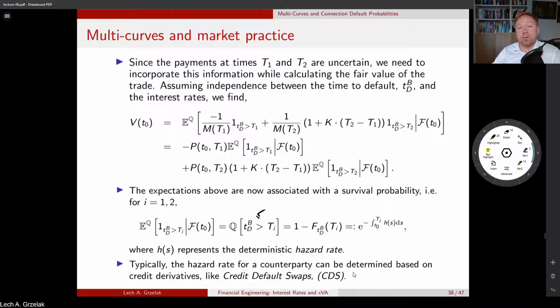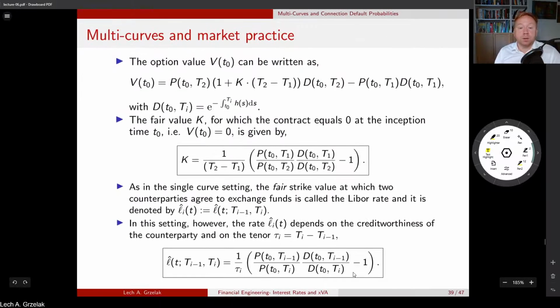If you are paying for insurance, the higher the premium you pay, the more impact it has on your estimation of how likely you are to default. So we have market quotes, from those quotes you can calculate those risk premia, and this also indicates the likelihood of your default. Okay, so next step.